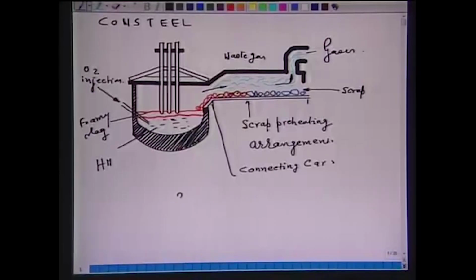Higher residence time, larger temperature; lower residence time, smaller temperature. However, these are to be optimized, and what is available is that the maximum preheating temperature attained by this is around 300 to 350 degrees Celsius. So, that is the scrap preheating and the technology associated with it.